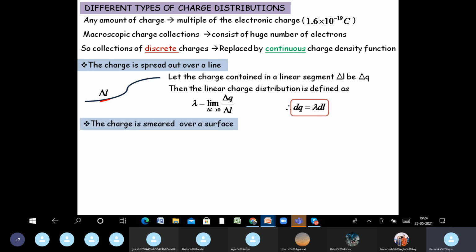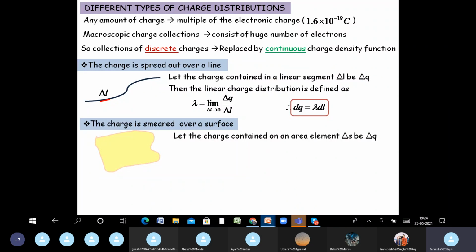Next, let us consider when the charge is smeared over a surface. Okay, so first we considered the linear case. Now we will consider a surface over which the charge is smeared. This is, for example, an arbitrarily shaped surface, and on this we have charges evenly smeared on the surface, again not moving, all static.